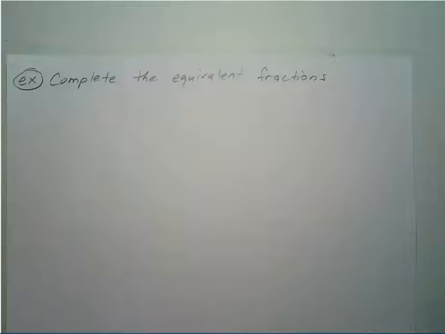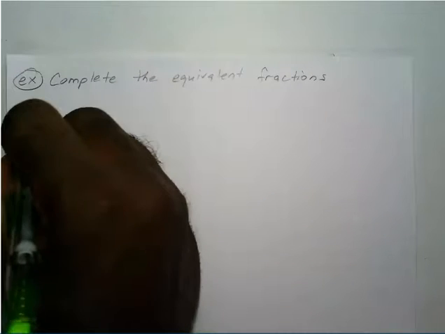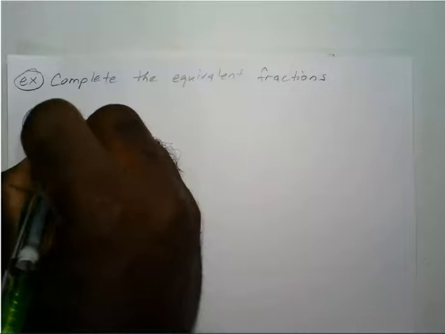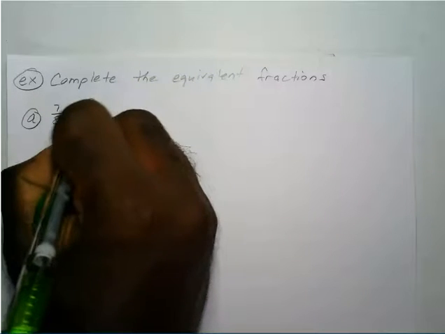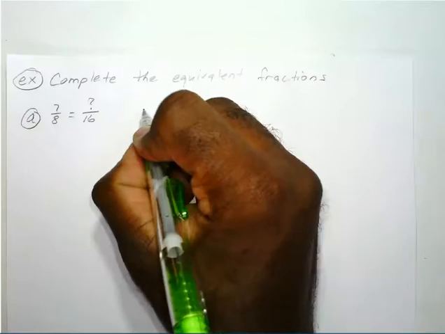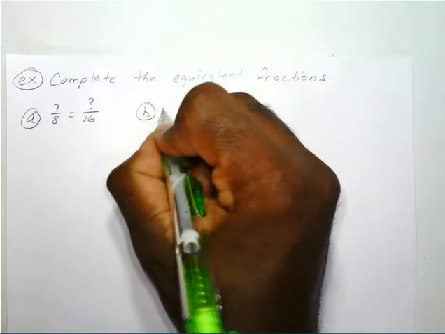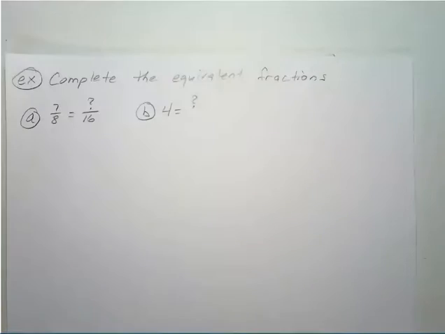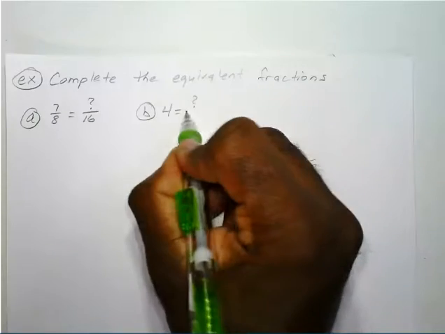All right, so for problem A, let's say you have 7/8 equals some unknown value over 16. We want to find that unknown value. Let's say for problem B, we have 4 is equal to some unknown value over 16.